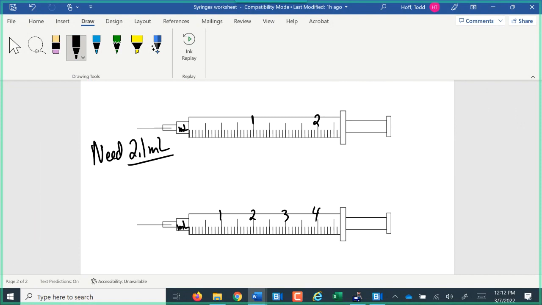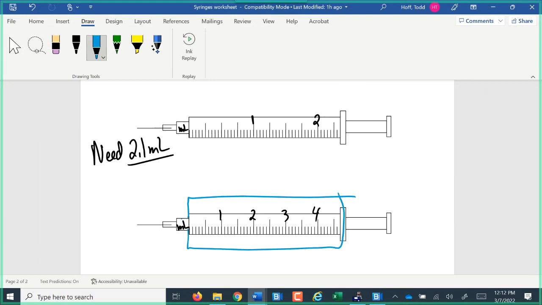Well, first of all, there's something a little deceiving here. If these markings are different scales like this, what would be different is this syringe here where the markings are tighter together, where it has a higher volume, that syringe would actually be wider than the other one. It would be fatter.